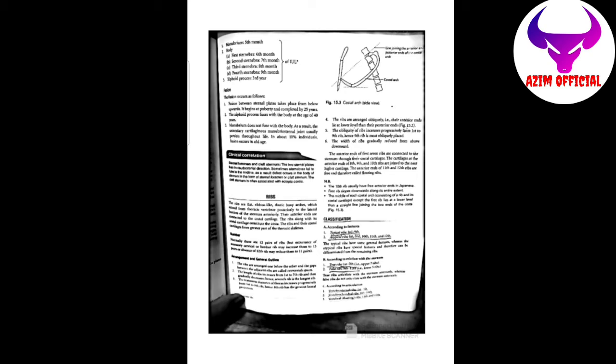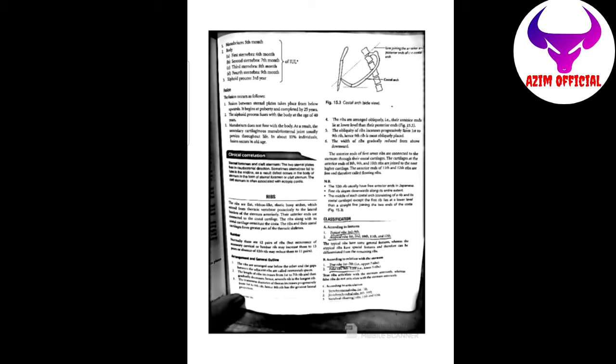Okay, so ribs are obliquely arranged, and their anterior ends lie at a lower level than their posterior ends. And at respiratory times, they go upwards along with the sternum. This is called pump handle movement.